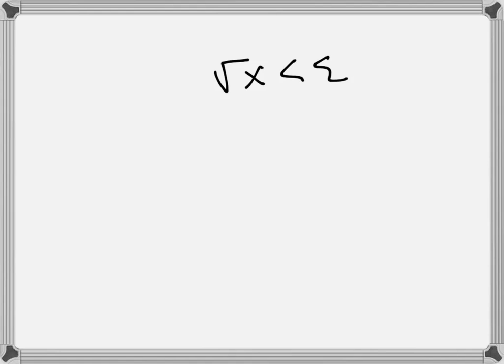And we can somewhat trivially say that 0 is less than this because it's a square root. If I squared all three sides, which you can only do because everything is positive, you can't willy-nilly square inequalities, but you can when everything is positive, then the square of the square root of x is x, and then I've got epsilon squared, and 0 squared is 0.